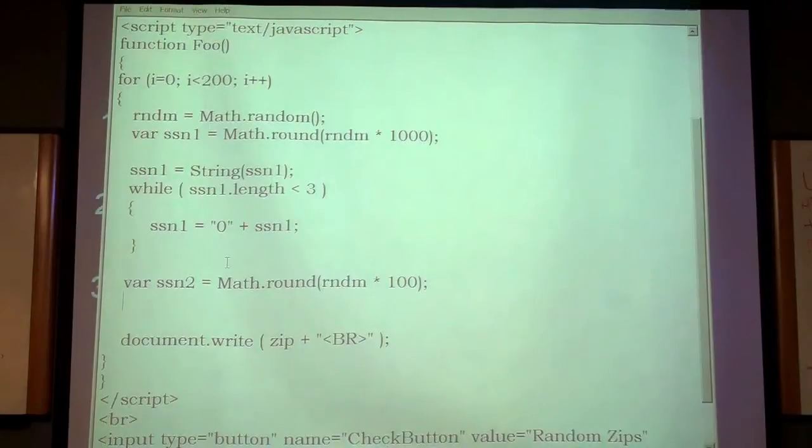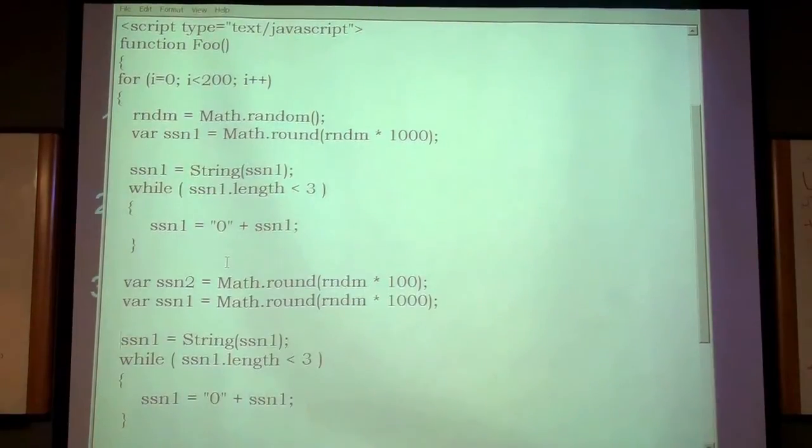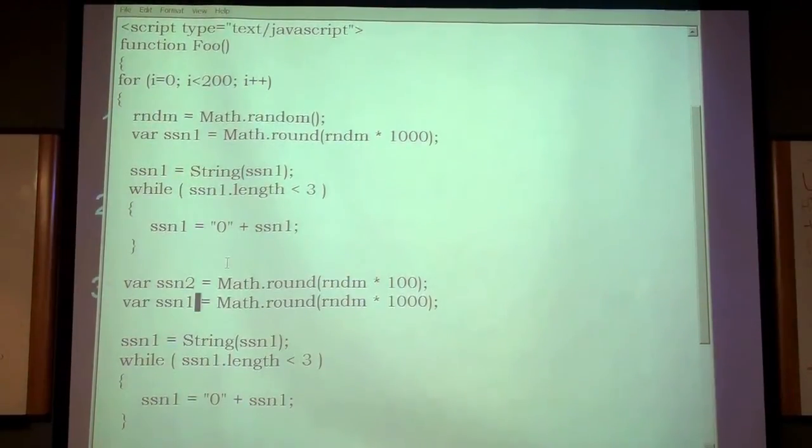Copy here, and then I have to round it. Round. Oh, wait a sec. Not random. Like this. And then I have to round it, wait a sec. Something is, no, this is correct.